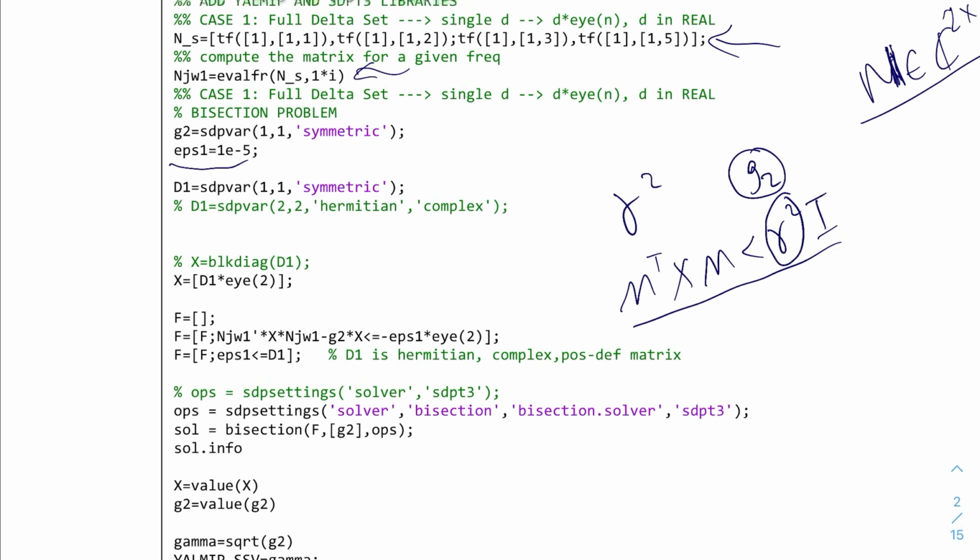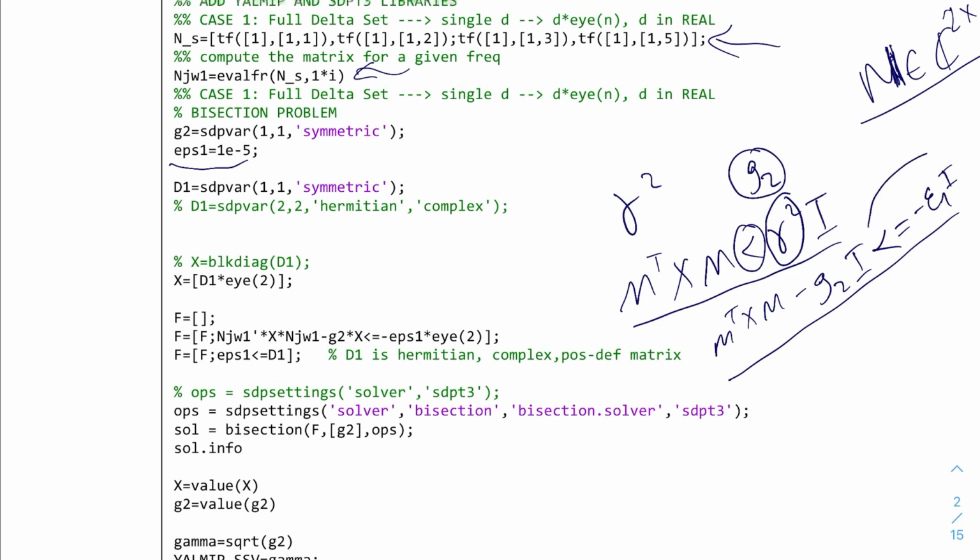And again, epsilon, we know what epsilon is. Since we can't impose strict inequality, right, what we will do, and I'm not going to write gamma square either, is write G2 identity less than or equal to minus epsilon 1 times identity.